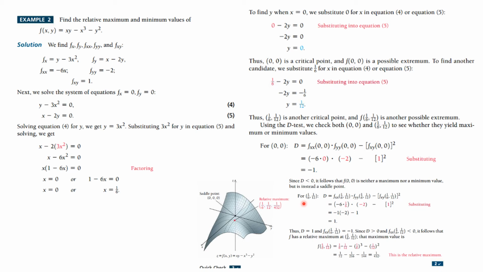For this one, when we substitute into D, we get 1, thus D is 1, and f sub xx evaluated is -1. So it follows that f has a relative maximum at 1/6, 1/12, and the maximum value is 1 over 432 by substituting it. Here's a picture.